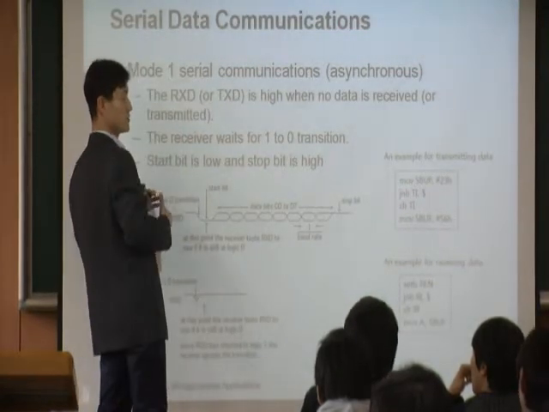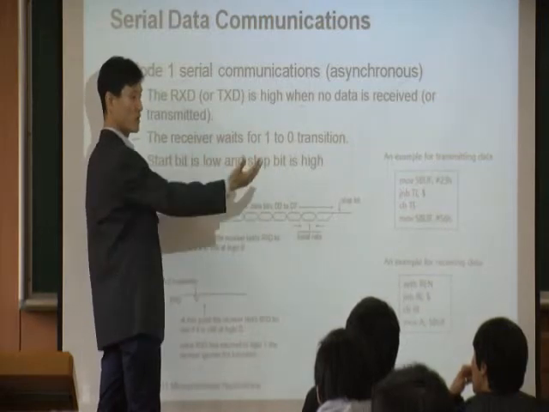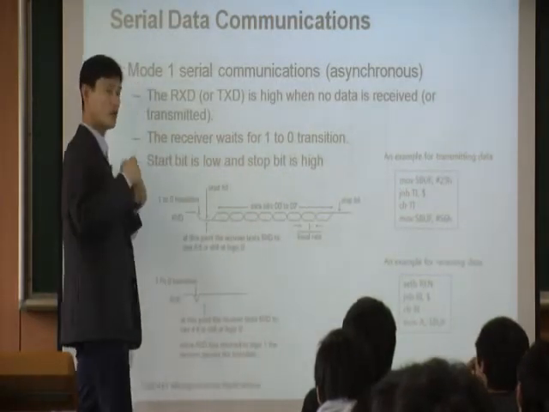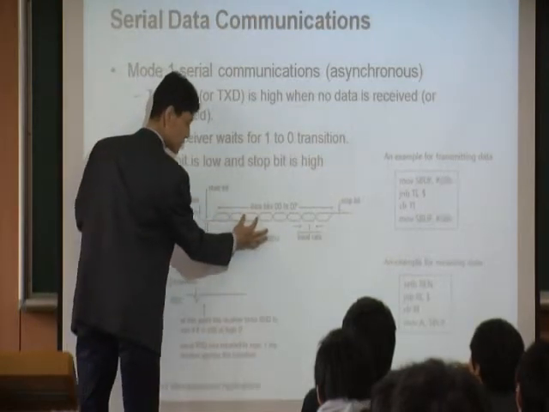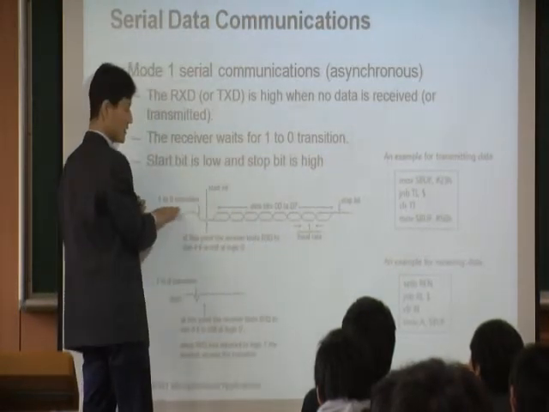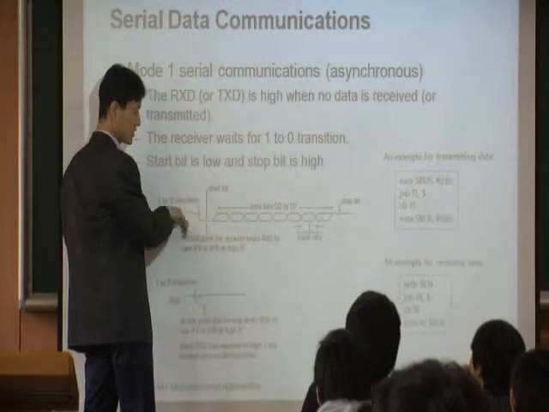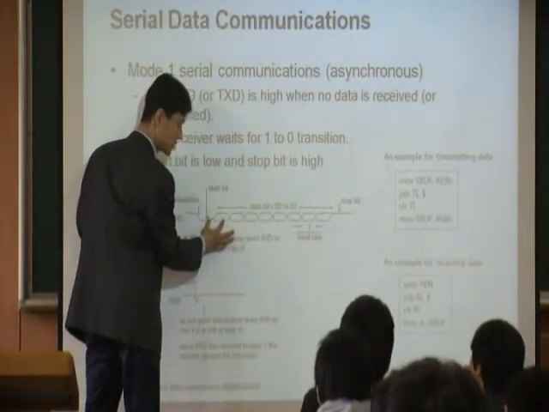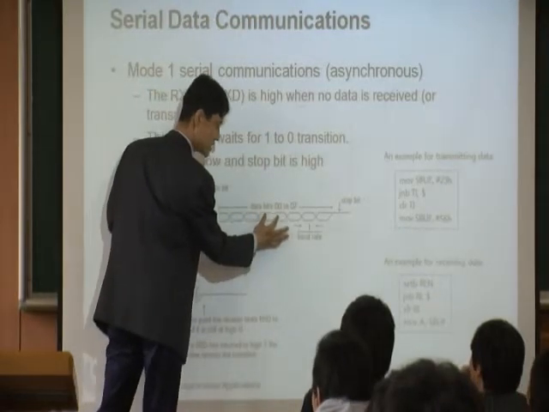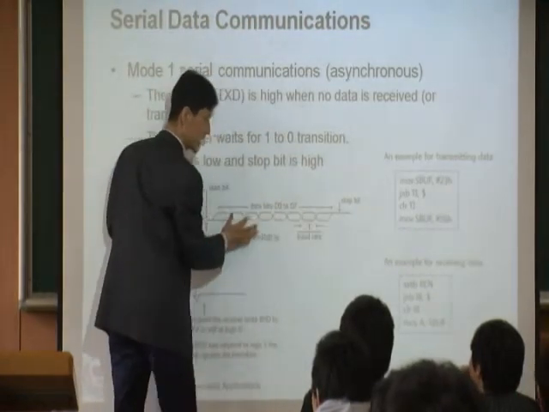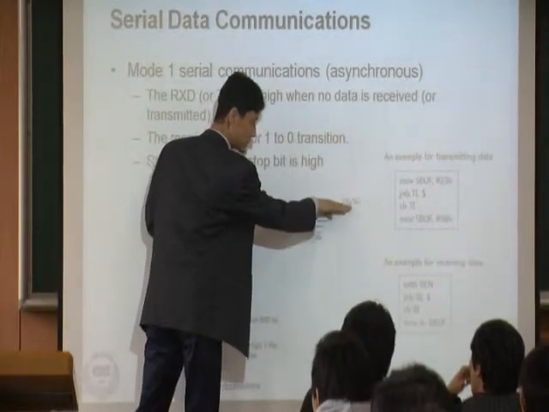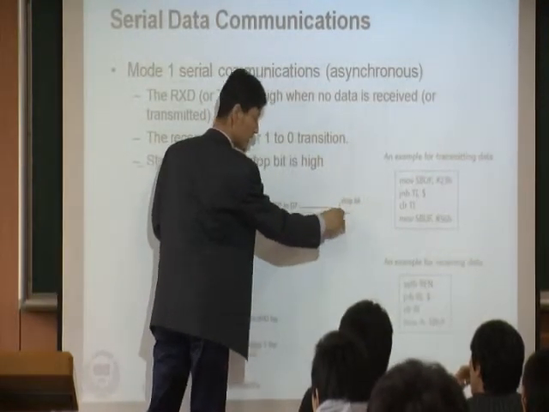Since both sides agreed on a certain baud rate, we already know the bit duration. So what you need to do is detect the high to low transition, and then since we know the bit duration, we can receive the following 8 bits, and then the stop bit goes back to high, and it finishes.